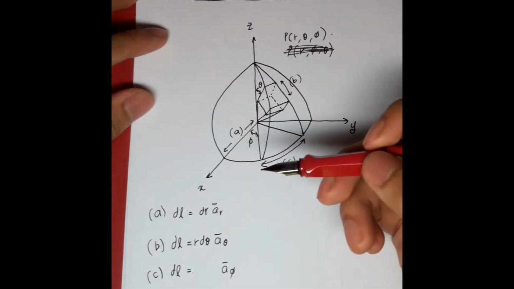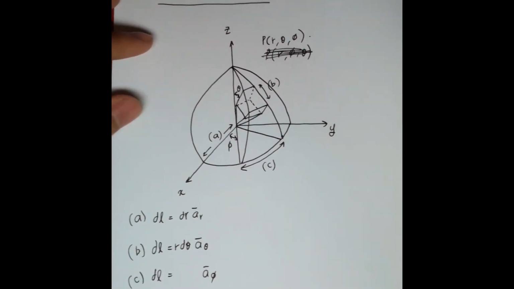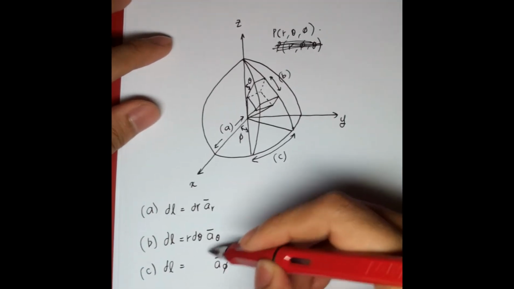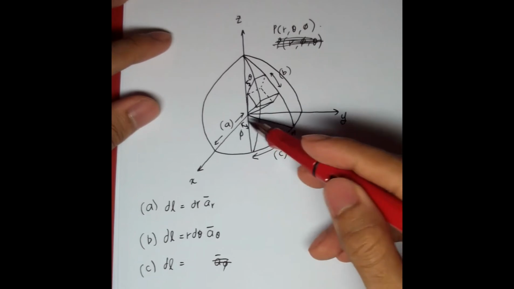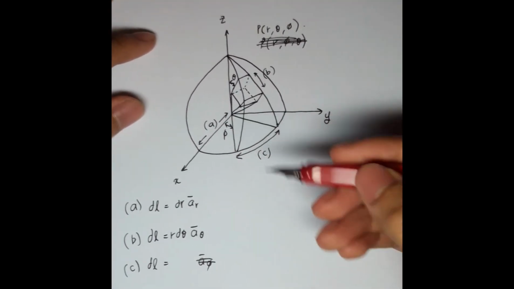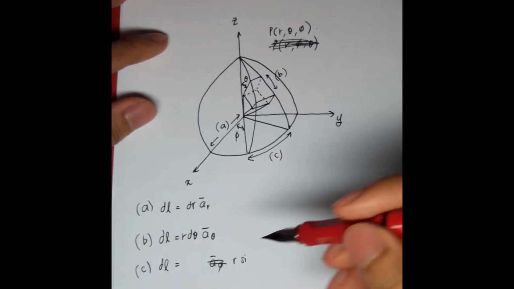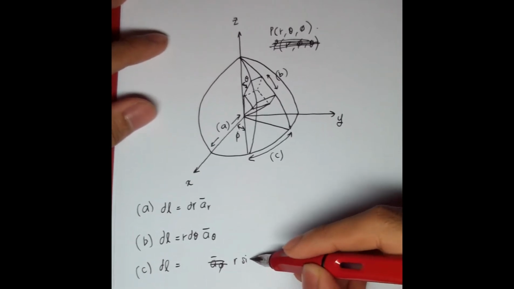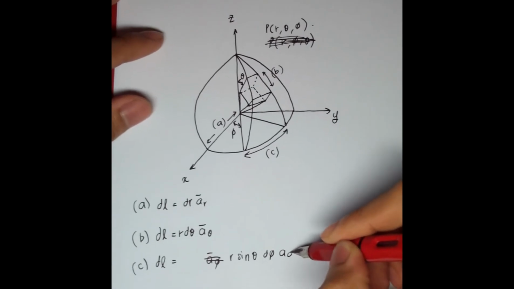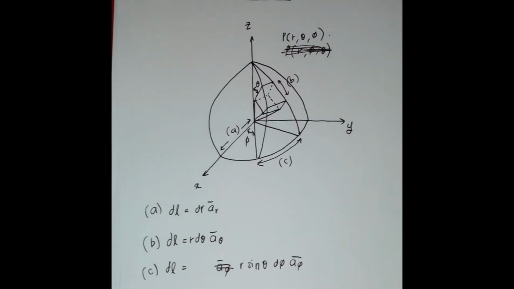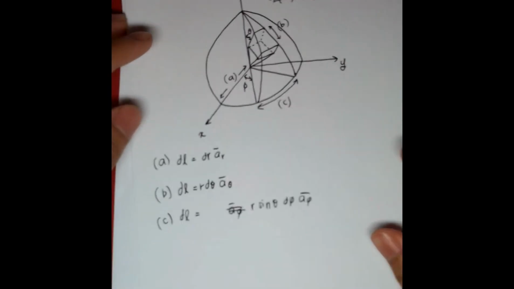Now the magnitude should be with respect to phi, so the magnitude is r sine theta d phi, a phi. Alright, now that is the differential length of a sphere.